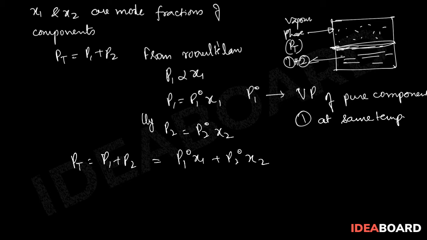Now, as this is a binary solution, I can write x1 plus x2 equal to 1. The summation of mole fractions will be equal to 1. So I can also write x1 equal to 1 minus x2.